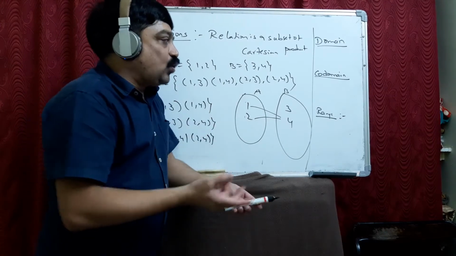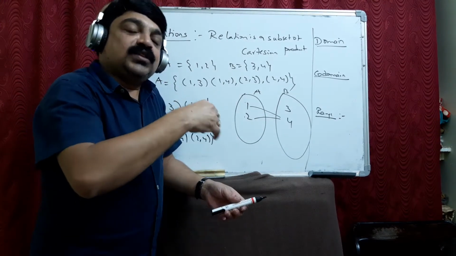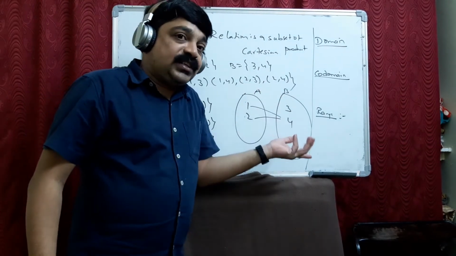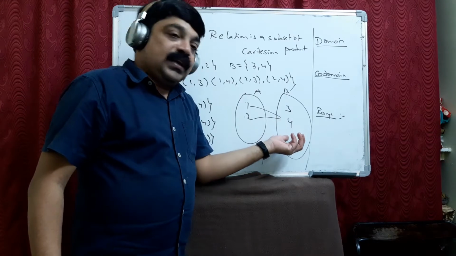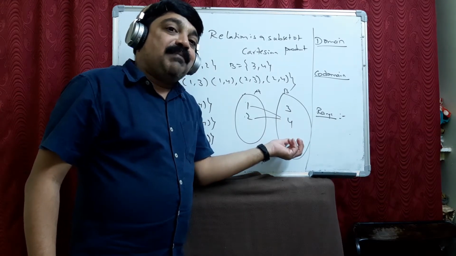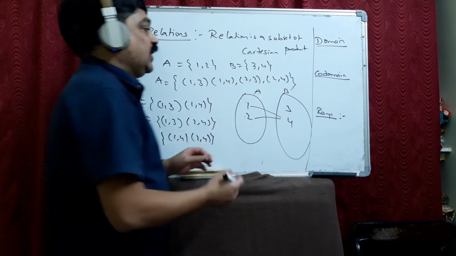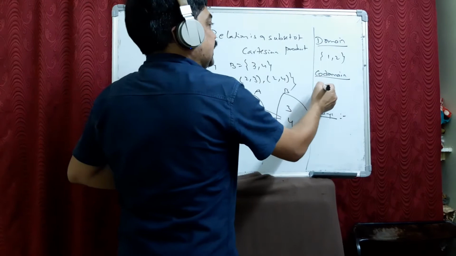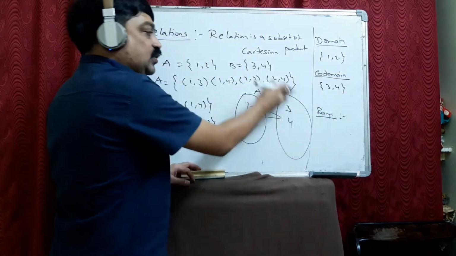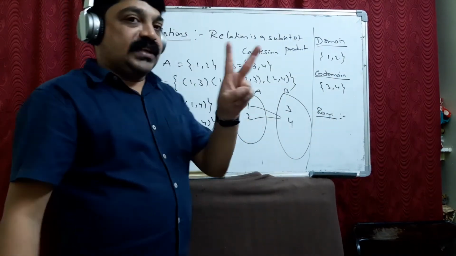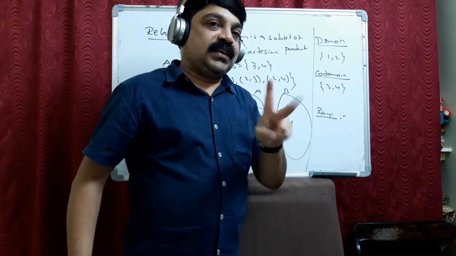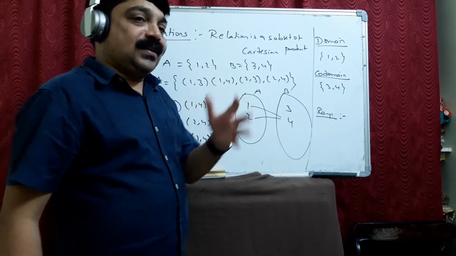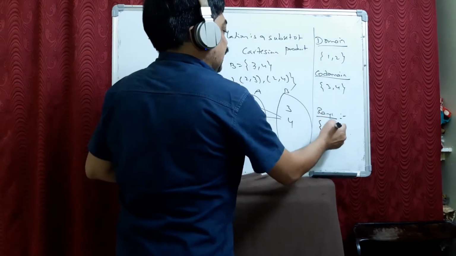What is the codomain? The codomain is the set of all elements in B: 3, 4. And the range is the set of elements in B which have participated. So here the domain is 1, 2 because both participated. The codomain is 3, 4 because it has all the elements of B. The second set always has two things, codomain and range. The first set contains only one, the domain. And the range is only 4.